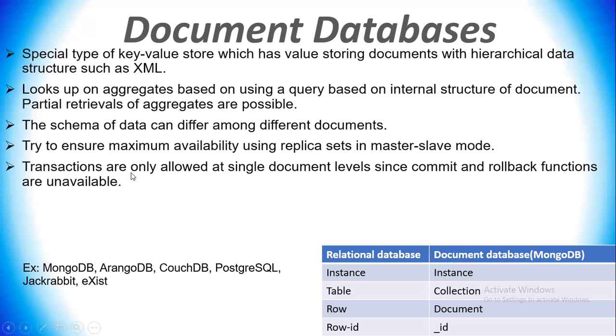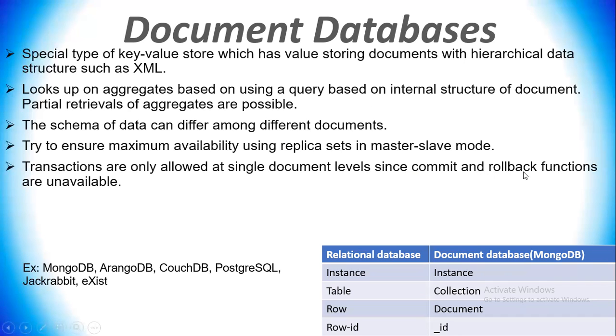Transactions are only allowed at document level. So what is a document? A document is an aggregation. Again, the same thing is repeated. It is allowed only at document level, which is the aggregation level, and these features, commit and rollback, are unavailable.